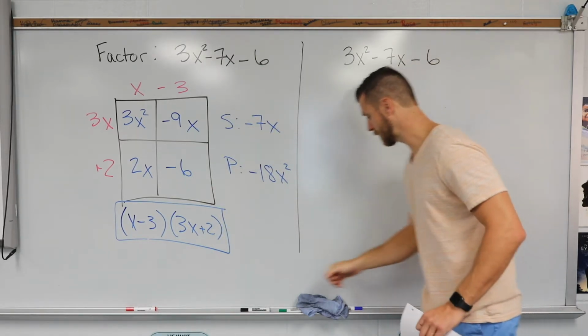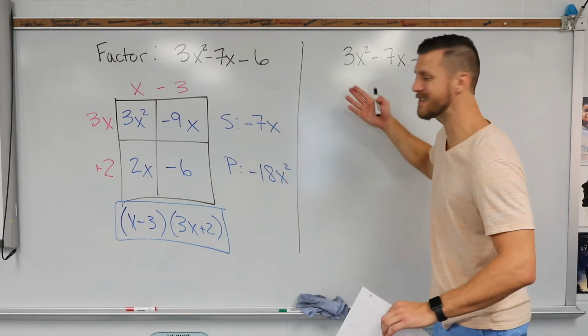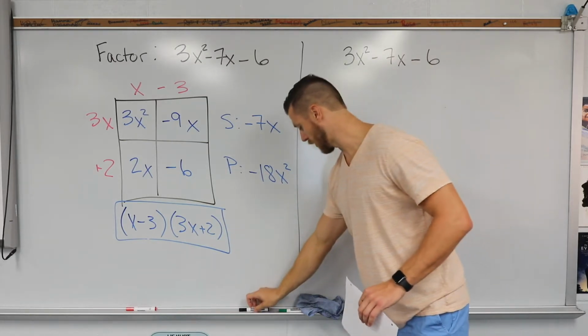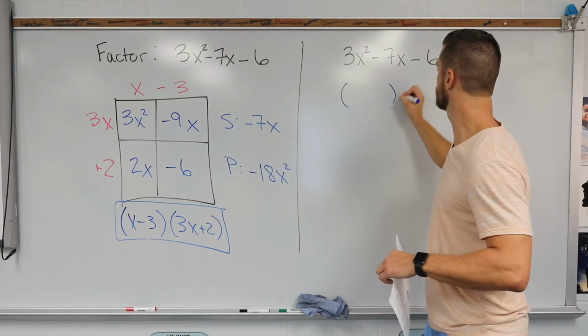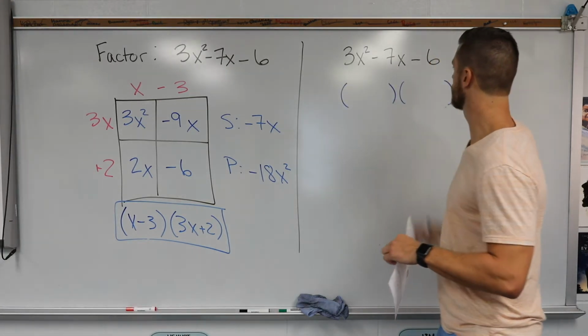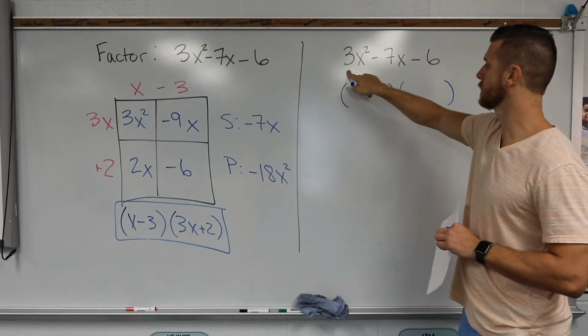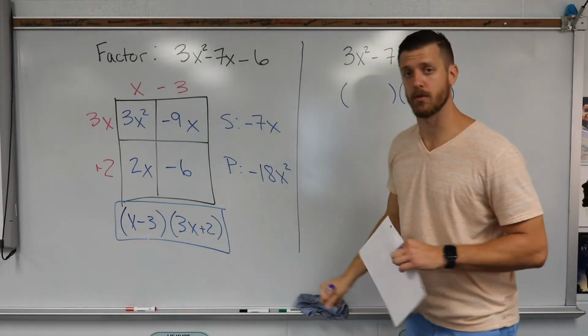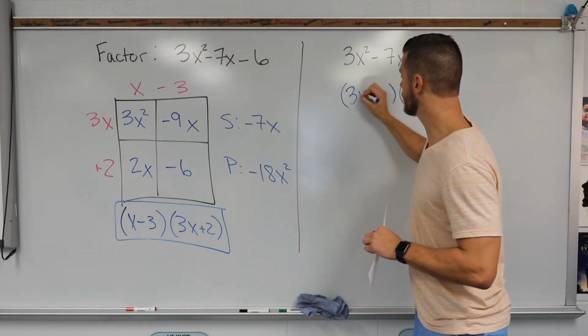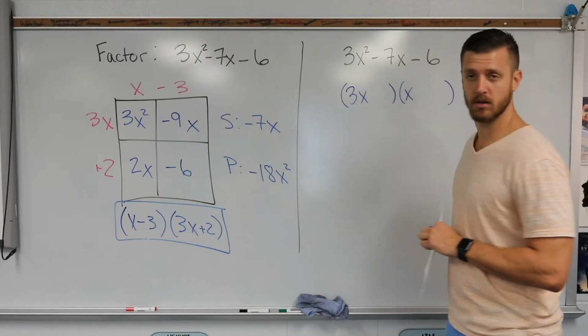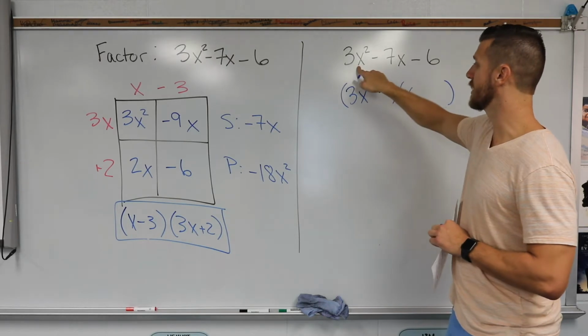So, I already know the answer, but let's reason it out a different way. What are the only factors of 3? 3 and 1. So there's going to be a 3x here and 1x here. Multiply this together, you get 3x squared.